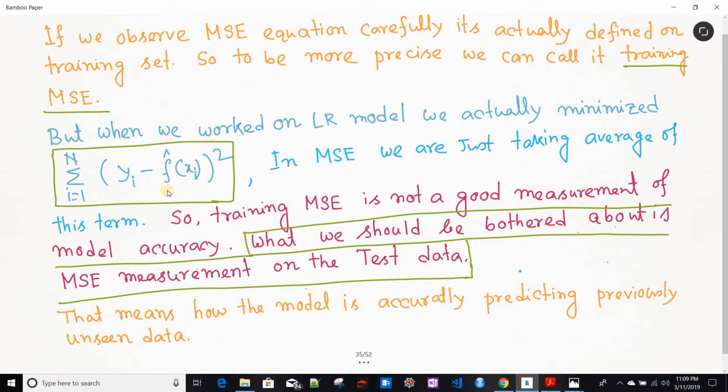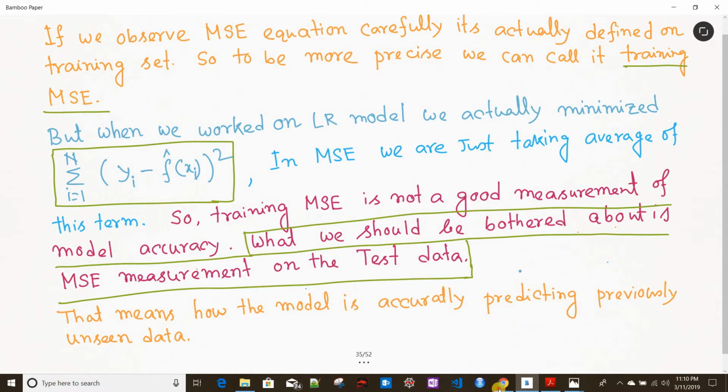We call it training MSE because this MSE is defined on the training data itself. So it looks like training MSE may not be a good measurement for the model accuracy. What could be a good measurement is the test MSE, where we calculate the same mean square error for the test data itself. Test means unseen data.